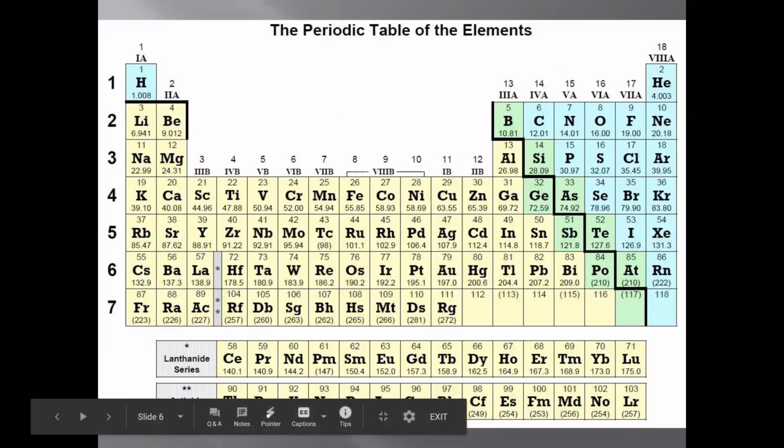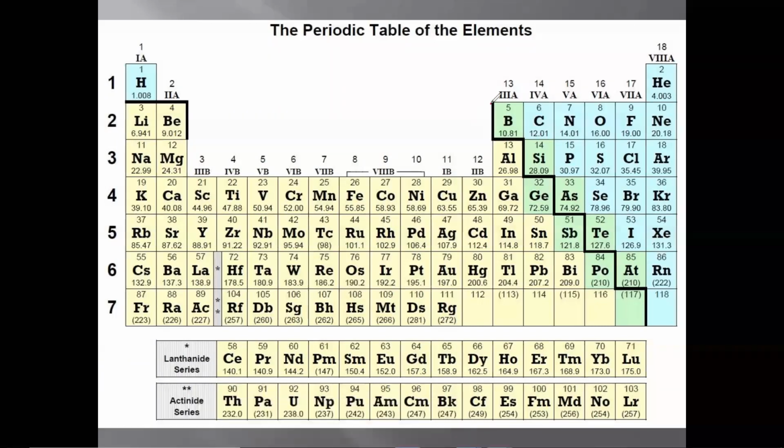So to take a look at what I mean by staircase, this line that's in bold that I am doing a very poor job tracing, is the staircase. Every element that you see here in green is going to be a metalloid.